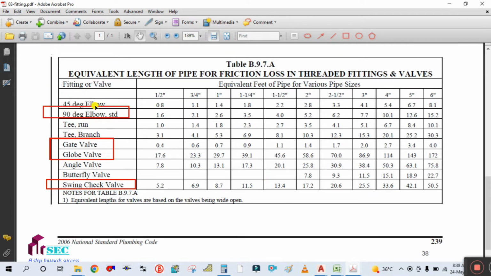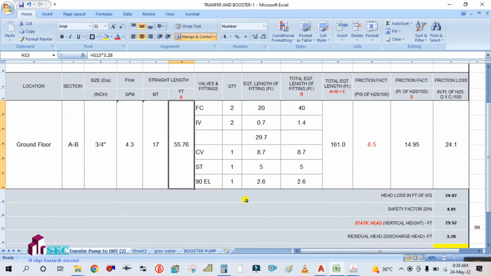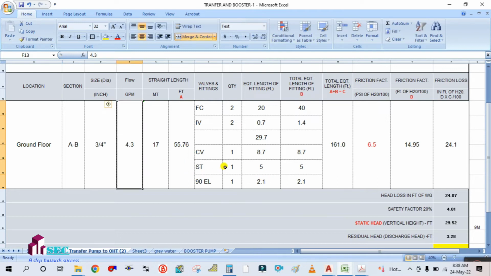For the 90-degree elbow 3/4 inch, you can see 2.1, equivalent feet of pipe for various pipe sizes. So for the elbow you have to enter 2.1.